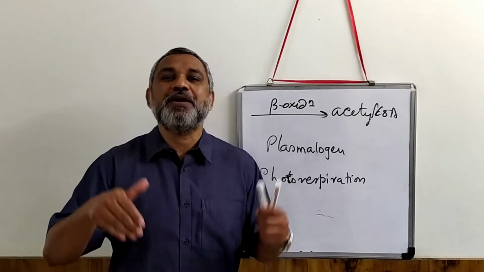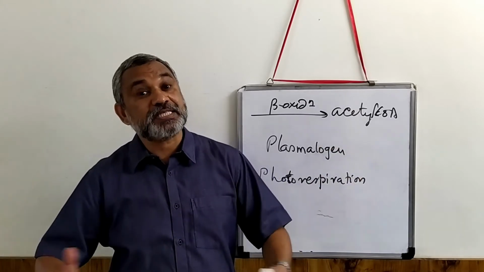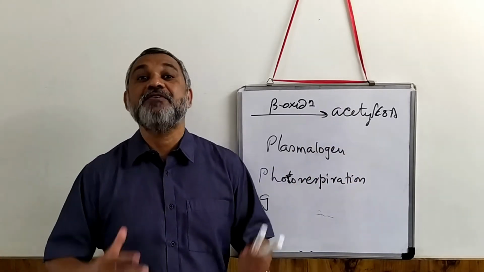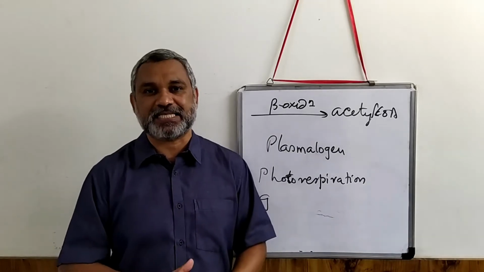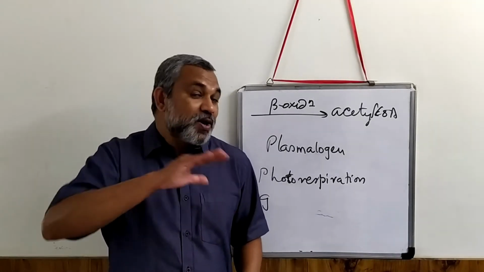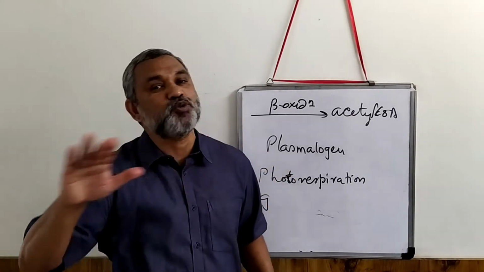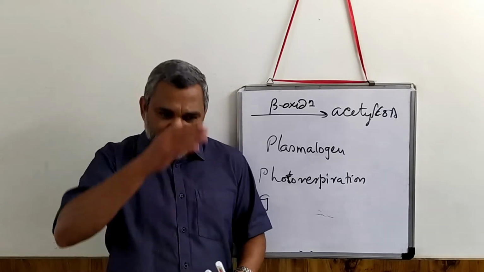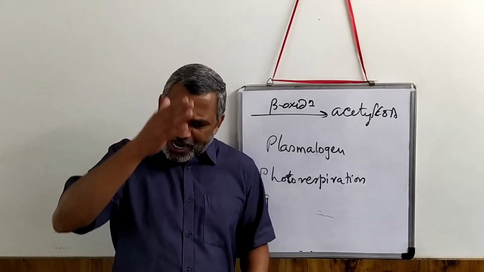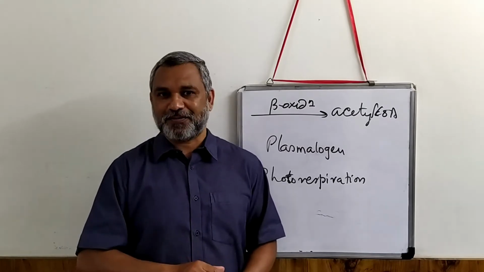Allow yeast to grow in a medium containing fatty acid, and it will synthesize a lot more enzymes which can degrade fatty acids, and these will be present in the peroxisome. So the peroxisome is an organelle which can adapt to an environment. We are able to see the variety of functions this small organelle is carrying out.